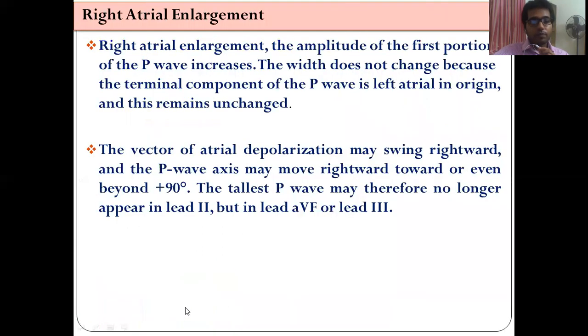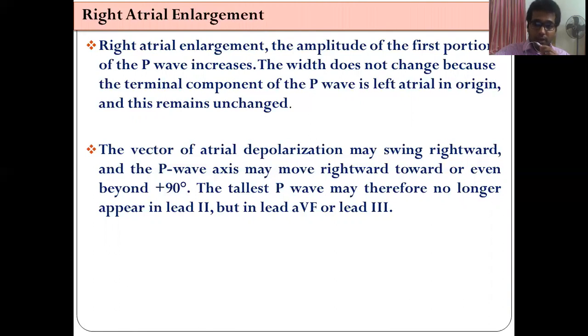Okay. Now the features of right atrial enlargement. What changes would you expect in the ECG in case of right atrial enlargement? In right atrial enlargement, the amplitude of the first portion of the P wave increases, because the first portion of the P wave is contributed by right atrial depolarization.